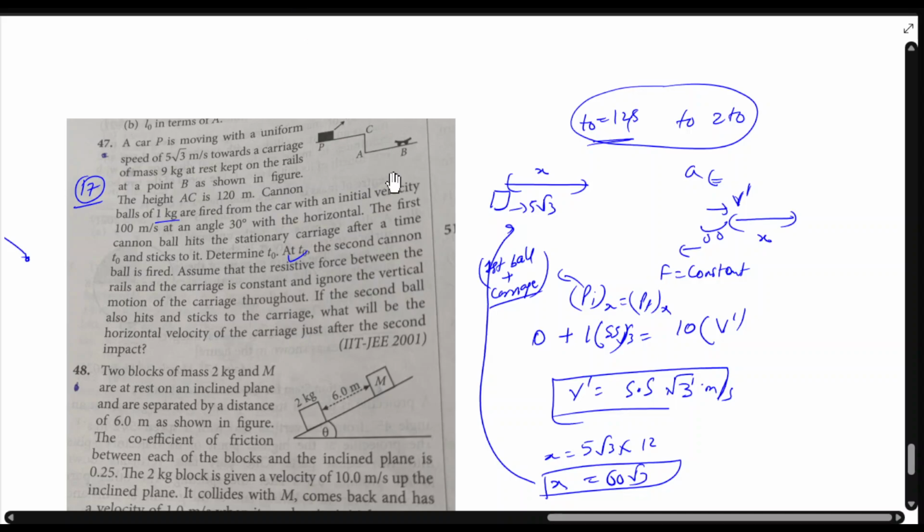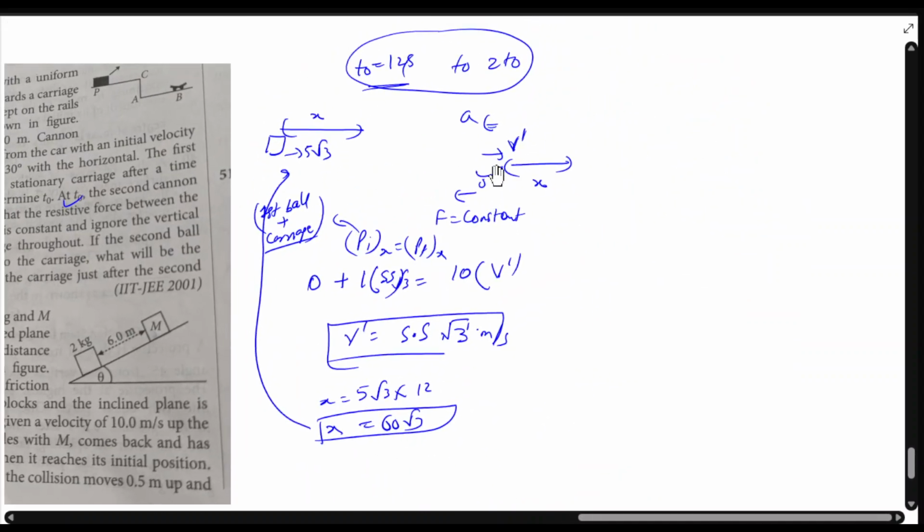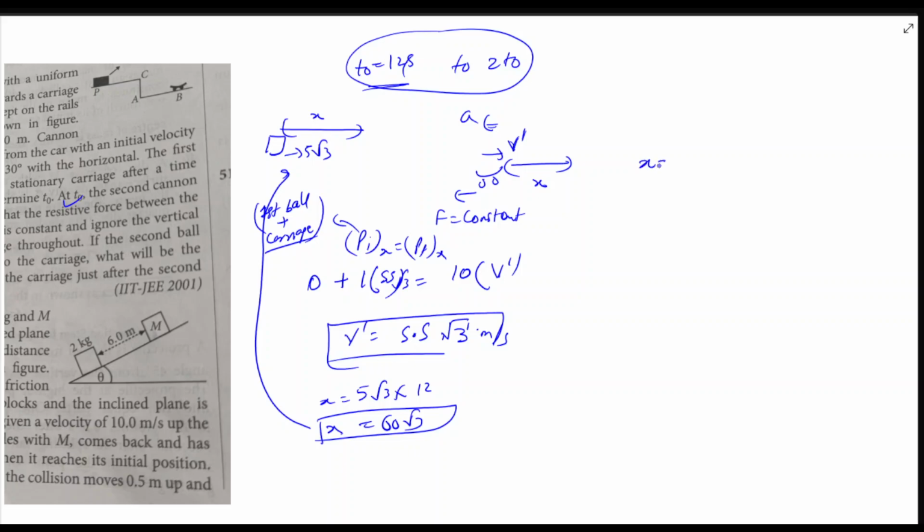Now let's put this in this equation. So for the carriage, we'll use the second equation again. So it will be X equals ut plus half a t square. So X is 60 root 3. U is how much? So it will be 5.5 root 3 into 12 plus half. Acceleration will be in negative direction and t will be 12 square, right?